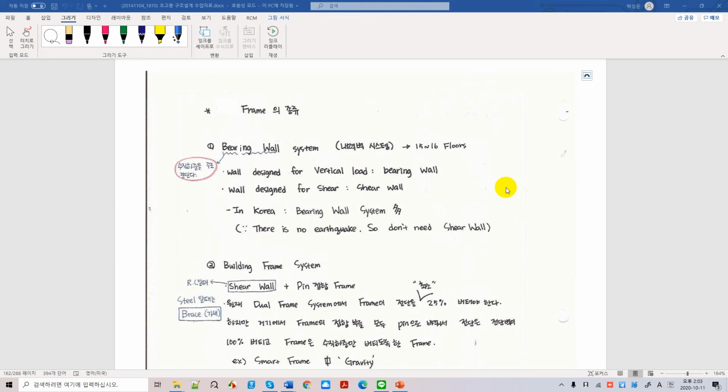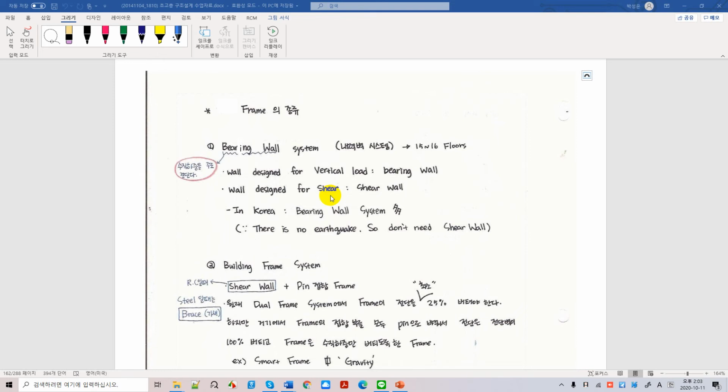And we have completed studying the seismic actions and wind actions, how they affect the building behavior, and especially we studied the R factor when we design frames.